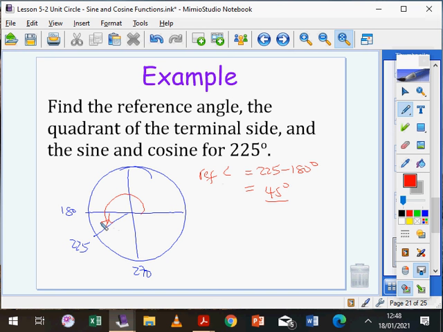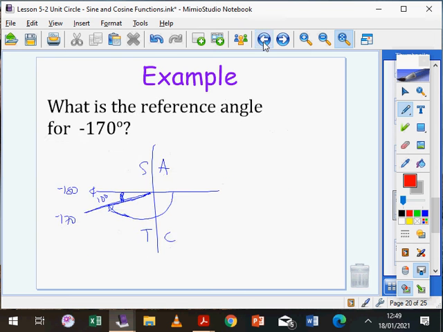The sine for 225 will be the same as the sine of 45, which is the same as the sine of pi out of 4. So just go back to your unit circle and check what is the sine of pi out of 4. This one here. The sine is the y value, which is root 2 out of 2.